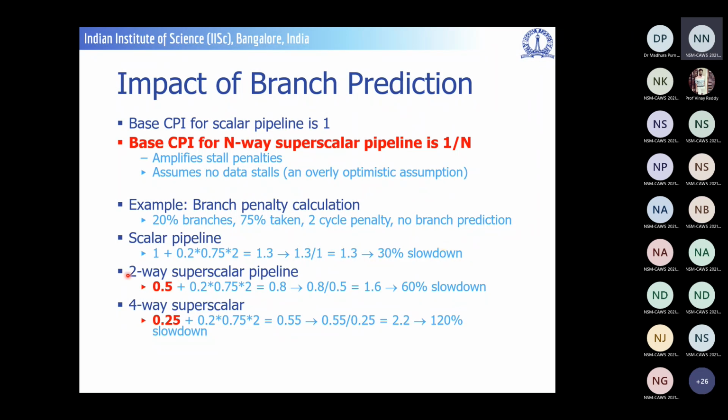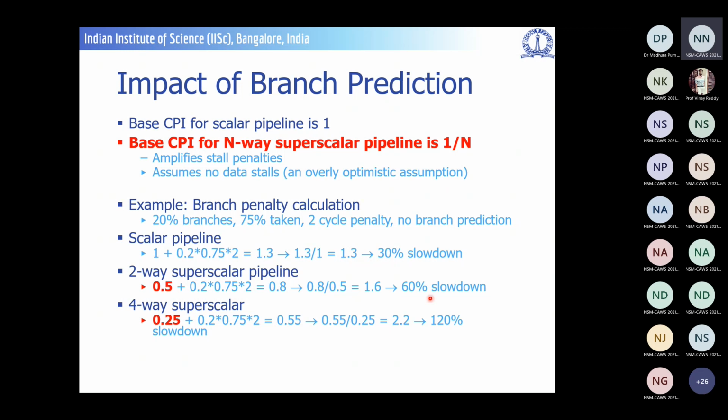Now, if it is a two-way superscalar, then your ideal CPI would be 0.5, but this factor doesn't change, because there are still 20% branches, 75% of them taken, and it takes 2 cycles. If you do the math, the slowdown in relative terms would be more.